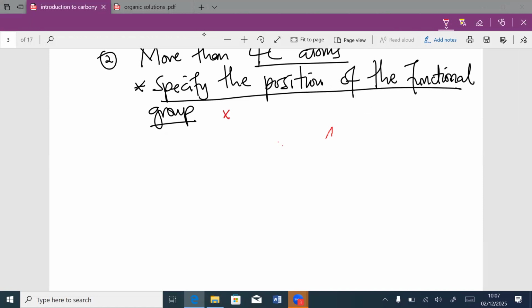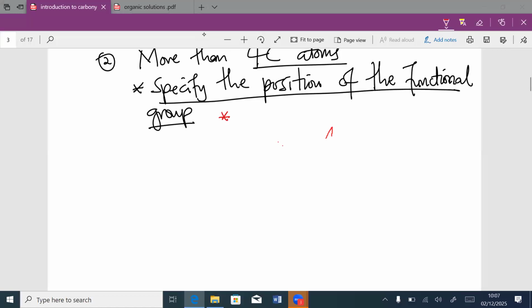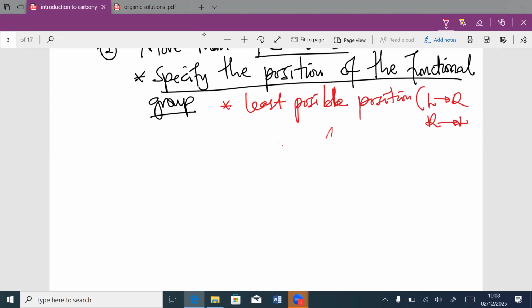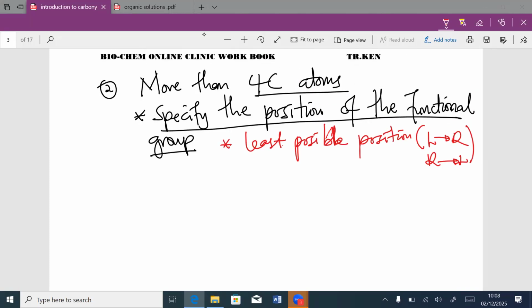And then remember, in our other alcohols and other functional groups, we say that we give the functional group the least possible position, when we are counting from the left to the right or from the right to the left. That is what we do when we are specifying the position of the functional group.